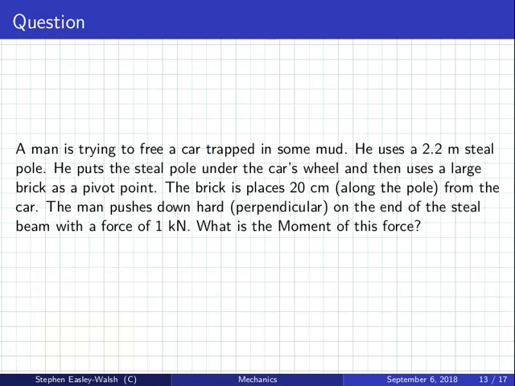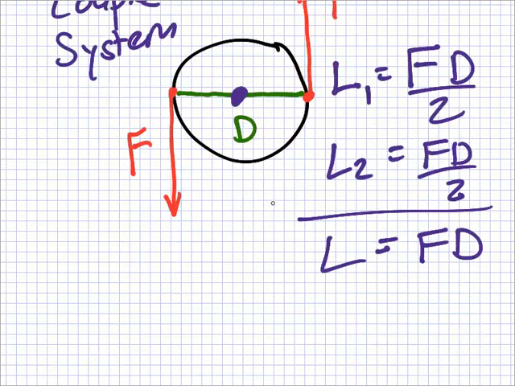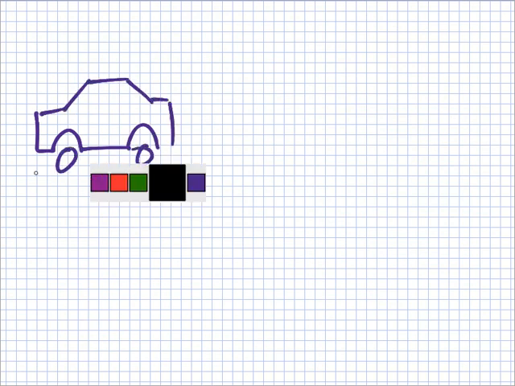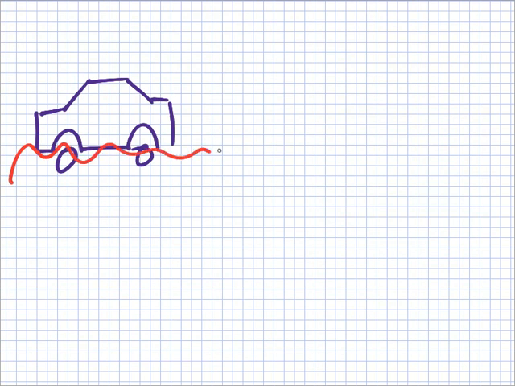Right. So, here's our very first question. And you know what? I'm just going to draw it and you can tell me the answer. I'll make it something similar to this. Here is a car, and the car is stuck in some mud, and you're trying to free it.